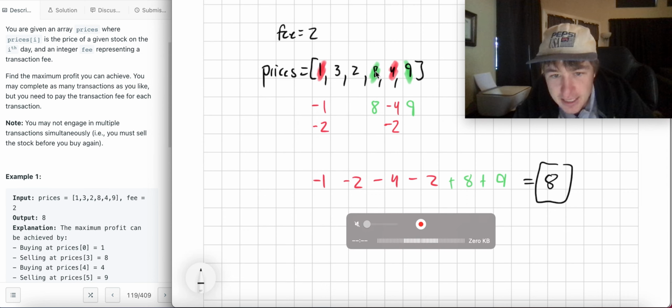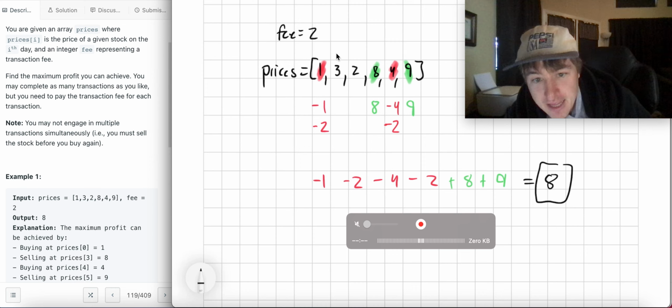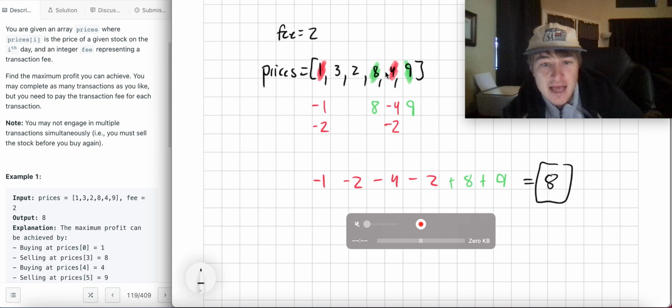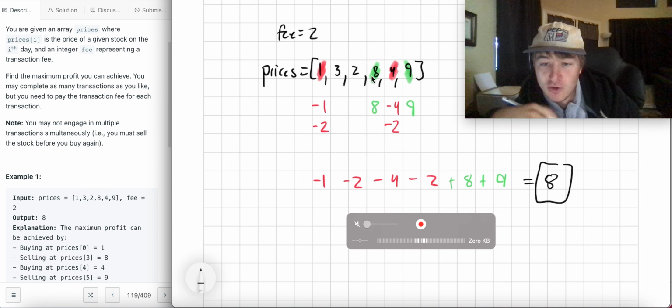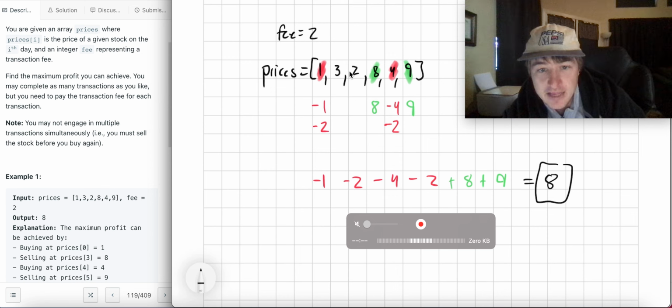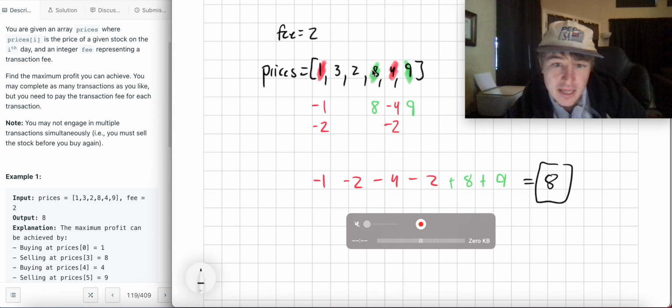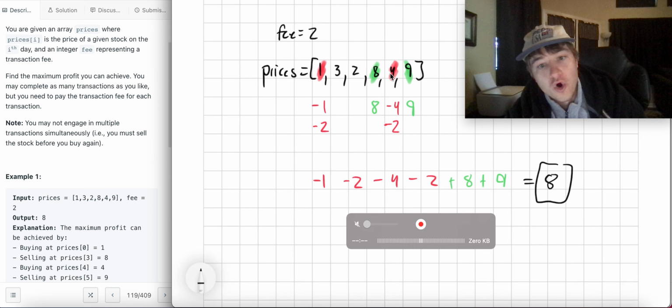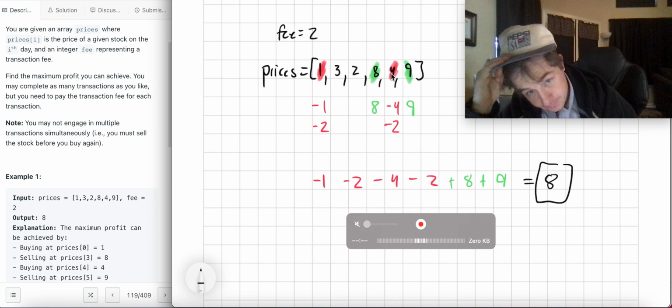Well, you can't sell it until you buy it, and you can't buy it again until you sell it, if that makes sense. There can't be 2 reds in a row because that would mean that I bought it twice. I can't buy it twice. I have to hold it, and then I have to sell it before I can hold it again.